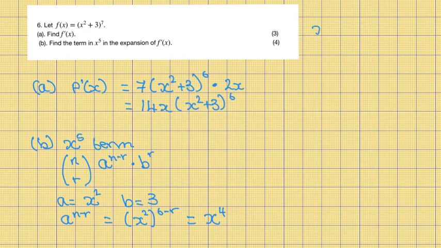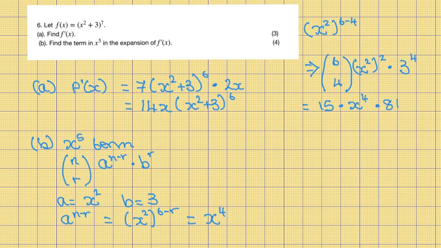So therefore we've got x squared raised to the power of 6 minus 4. So therefore we can now go back. We've got 6 choose 4, (x squared) raised to the power of 2, times 3 to the power of 4, which is equal to 15 times x to the power of 4 times 81, which is equal to 1215 x to the power of 4.